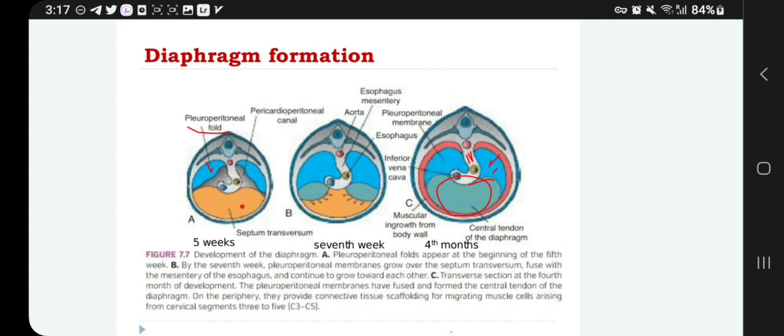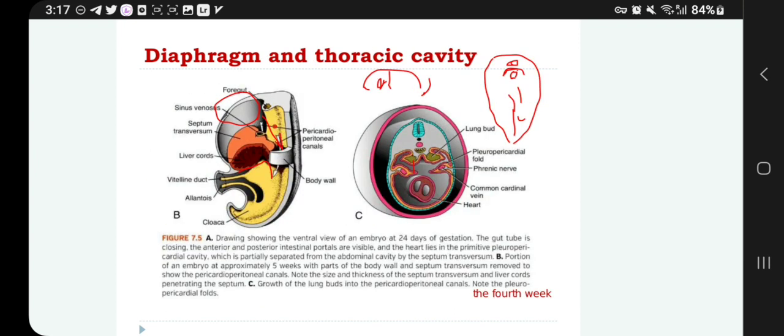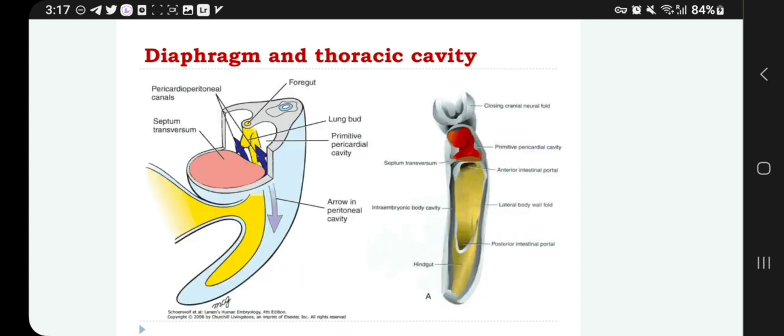At first, at about 4 weeks, during the folding of the embryo, it lies between the pericardium and abdomen, as I show you in this picture, and it is like a scaffold for the diaphragm.